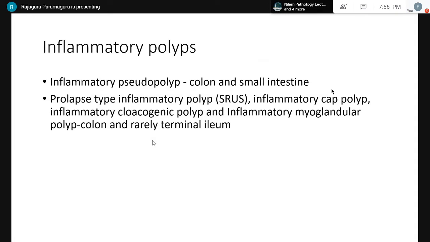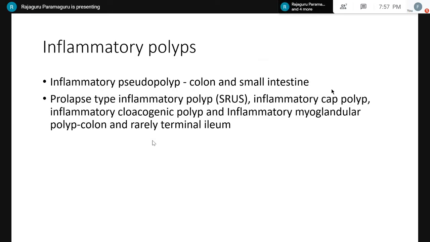But in the colon, we have a special type of polyp which is associated with mucosal prolapse. That can be the polypoidal SRUS, the prolapse type of inflammatory polyp, inflammatory cap polyp, where the surface is ulcerated, formed by inflammatory granulation tissue, with a well-formed neutrophilic exudate on the surface. So that is just a morphological entity.